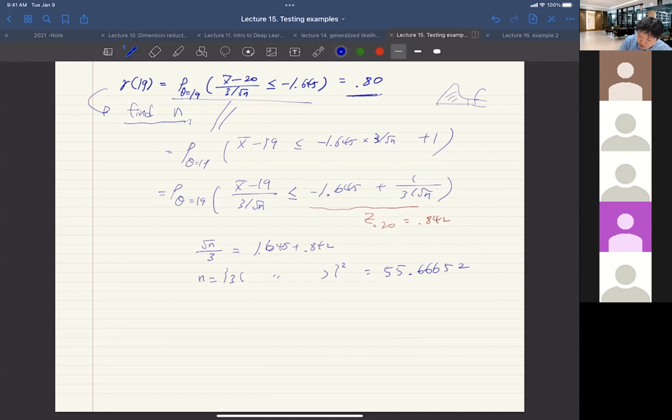To roughly get this power, we will provide 55 or 56.